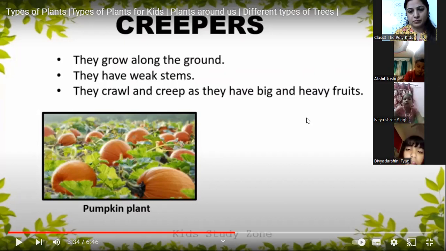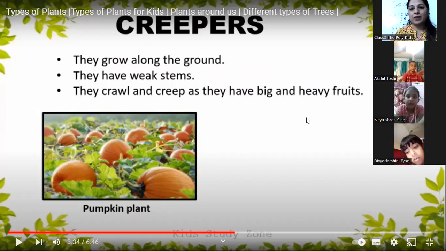Climbers means which plants can stand straight. Climber stems stand straight. This you are saying? Okay, Nityashri, kindly answer, beta. Give me the answer.